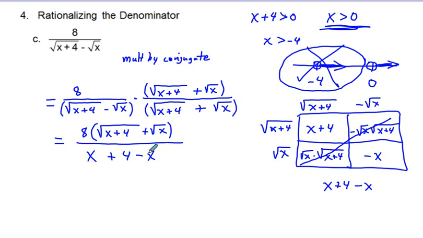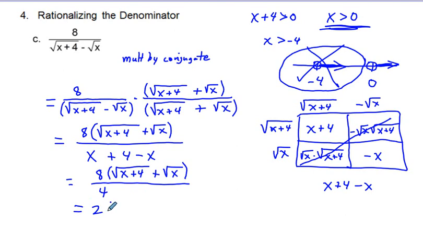Well, x minus x will cancel each other, so we're left with 8 over 4 times, of course, square root of x plus 4 plus square root of x. And 8 over 4 equals 2, so what we're left with is 2 times quantity square root of x plus 4 plus square root of x.